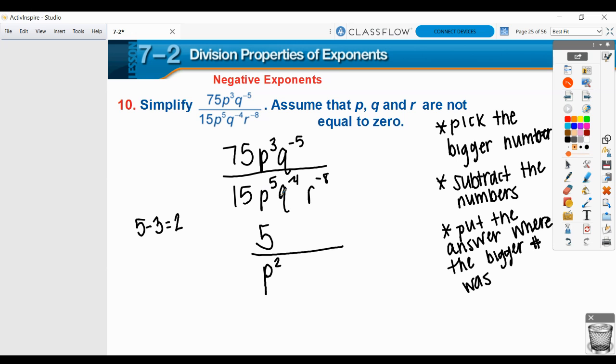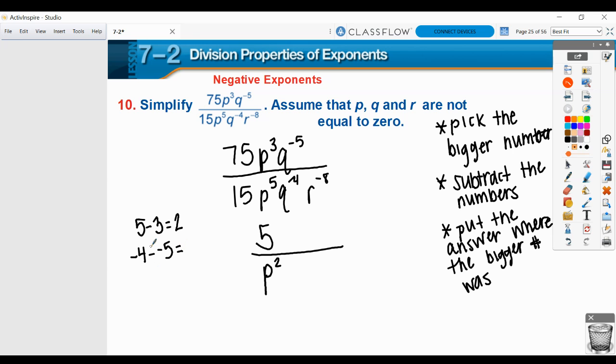Okay, move on to the q. You have -5 and -4. Which number is bigger? It's the -4. And remember, you still have to subtract even though these are negatives. So write it as you read it. -4 minus a -5.